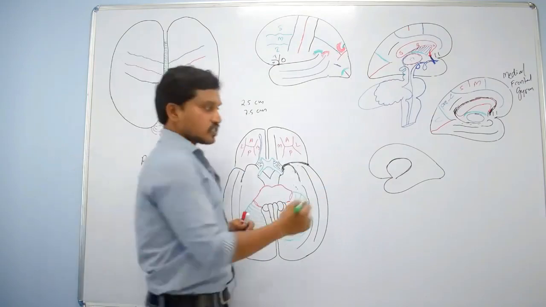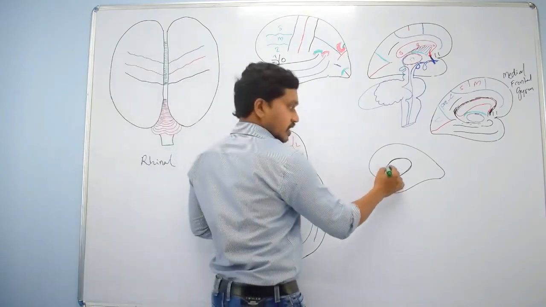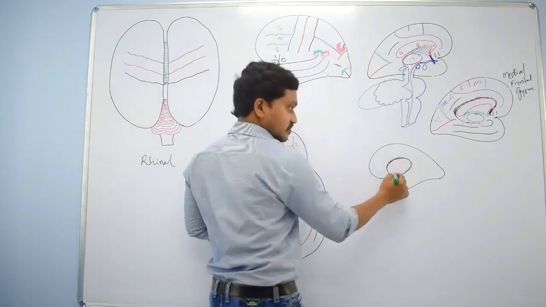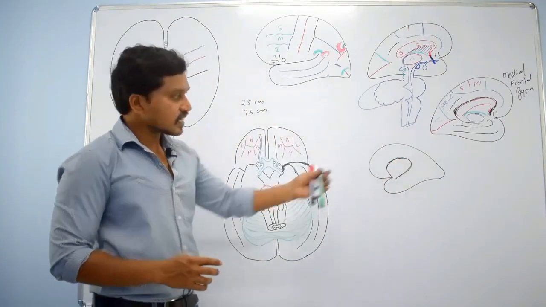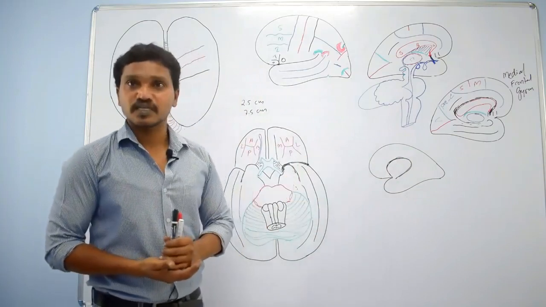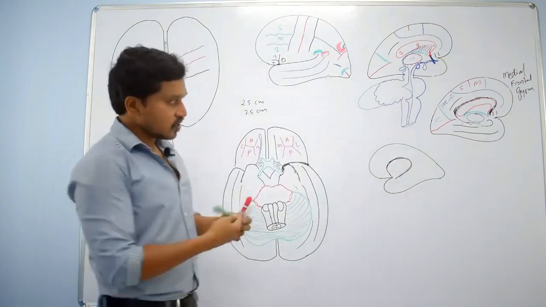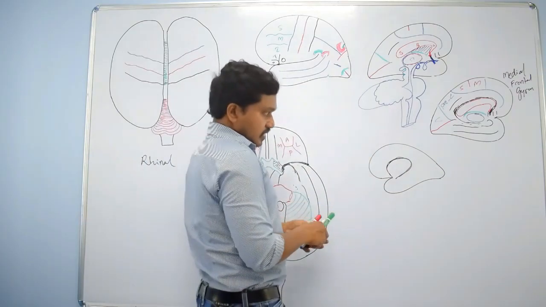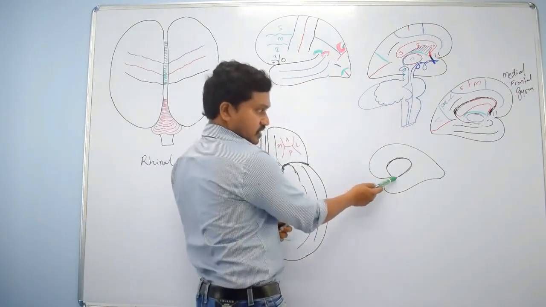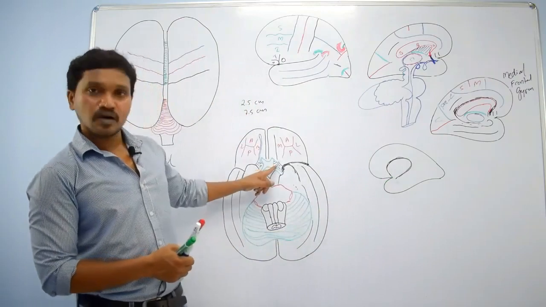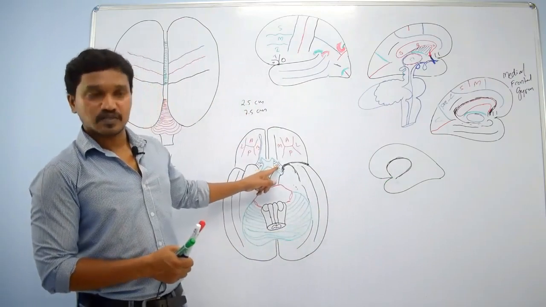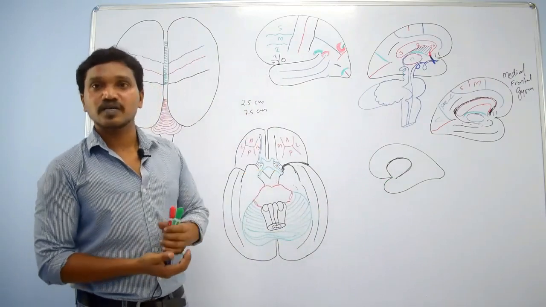That island of cortex we call the insular lobe. This insular lobe is surrounded by the circular sulcus, and it is triangular in shape. This is the apex, which extends into the anterior perforated substance.